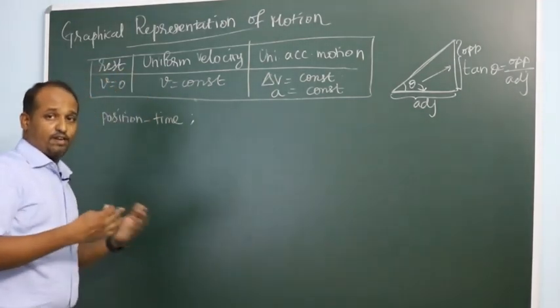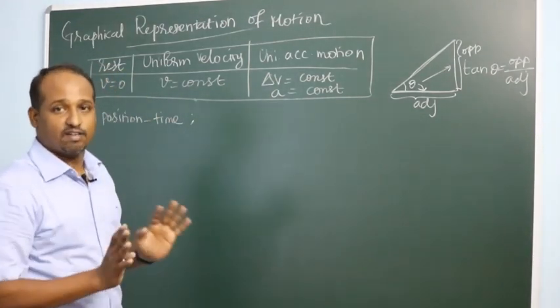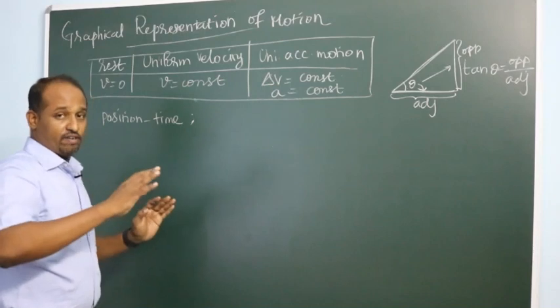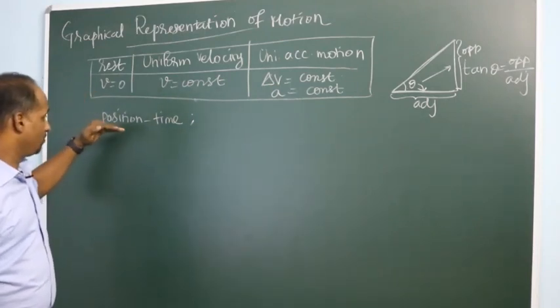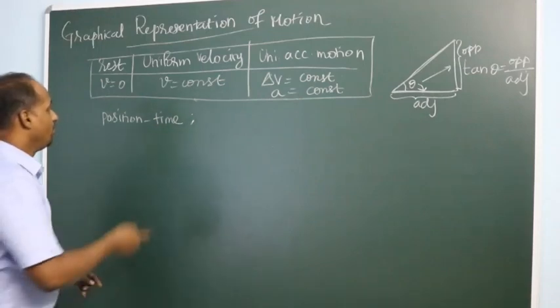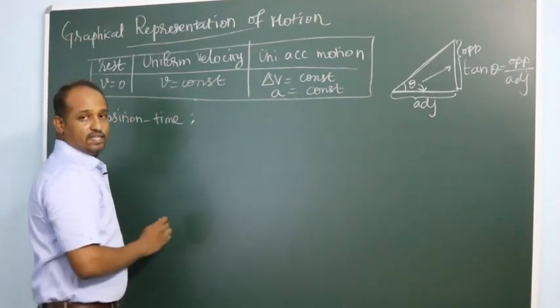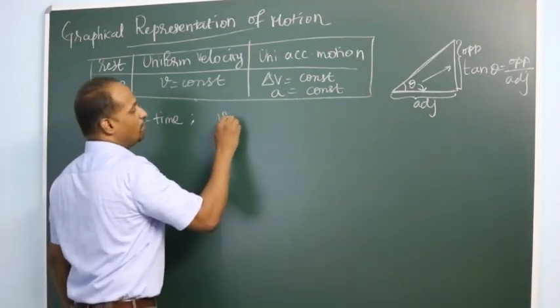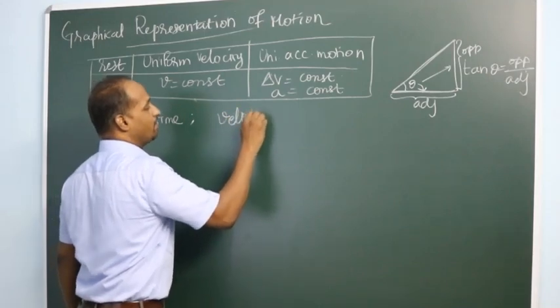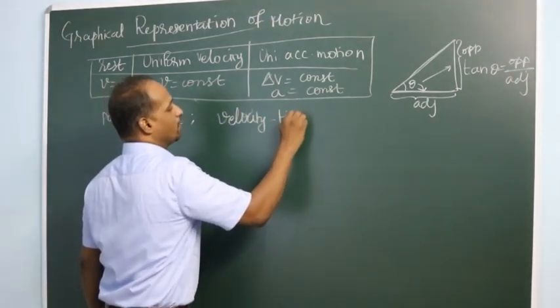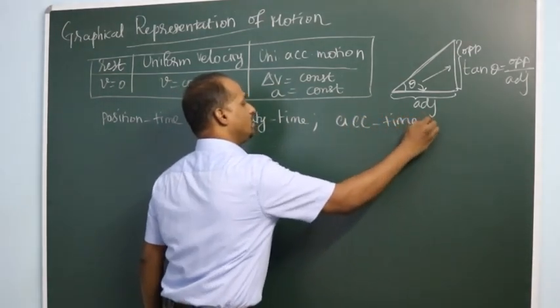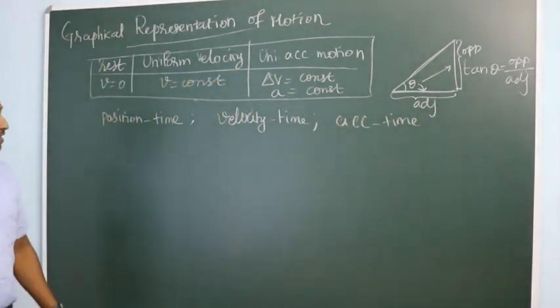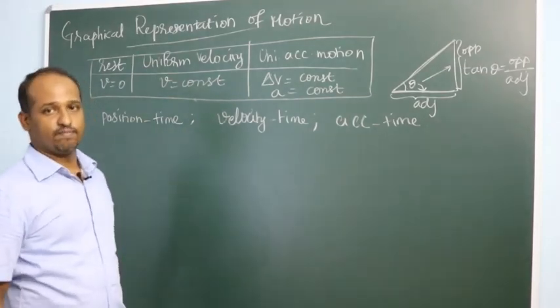Before getting into the nitty-gritty of whether time is a vector or scalar, we will keep those discussions for later. When the position changes, velocity is taking place, so velocity time graph, and acceleration time graph. These are the three types of graphs we will see here.